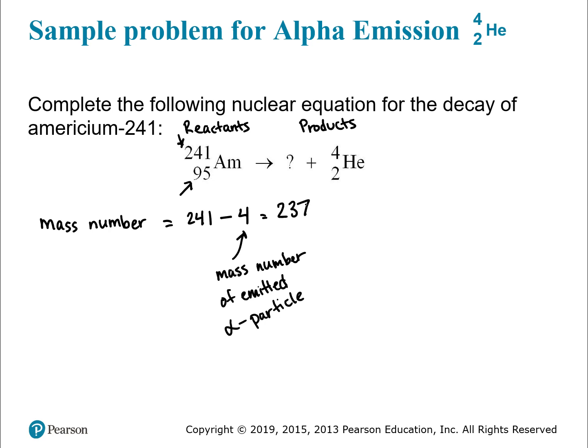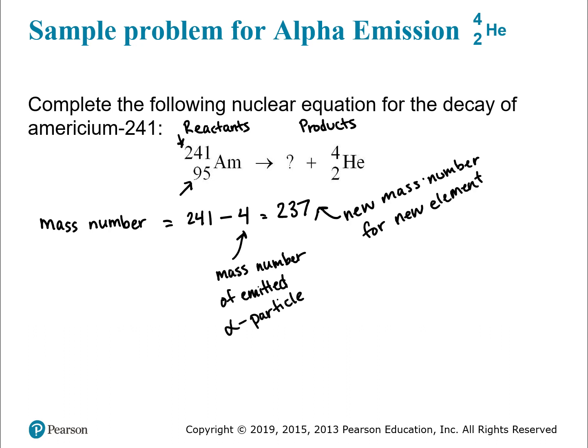What you get when you subtract that is the new mass number for your new element. We're not done yet, though. We can't use the mass number to identify the element.